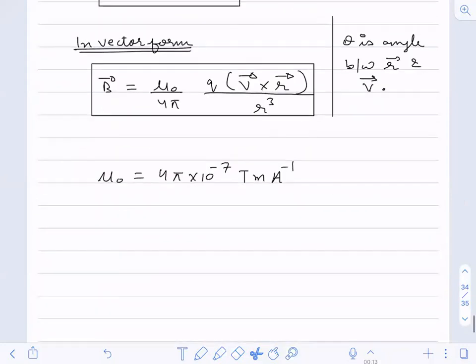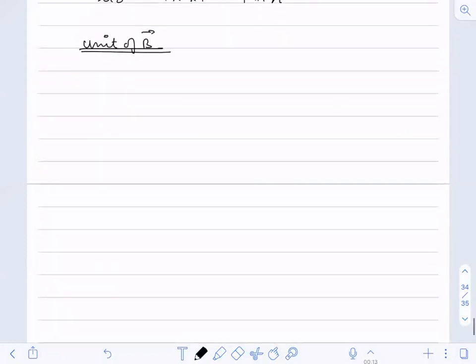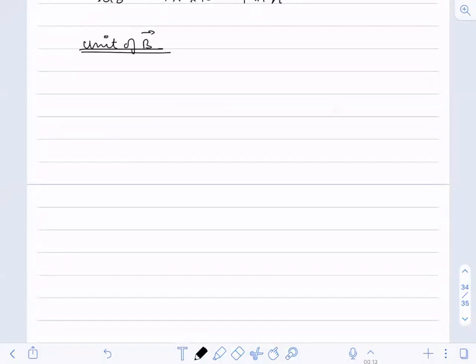We will discuss magnetic permeability in detail, but before that, let me discuss the unit of magnetic field. Till now, we have not seen this in detail. So let us see the unit of magnetic field.